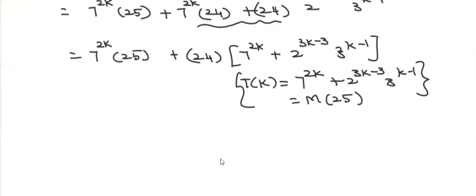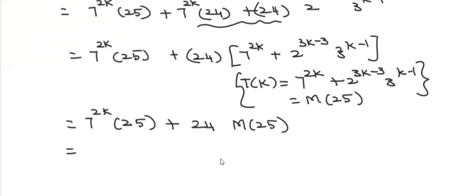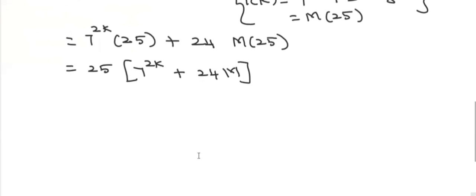So I will get 7^(2k) into 25 plus 24 into m into 25. Anyway, 25 is common here. Take it outside: 25 times (7^(2k) plus 24m). So the whole thing is divisible by 25.